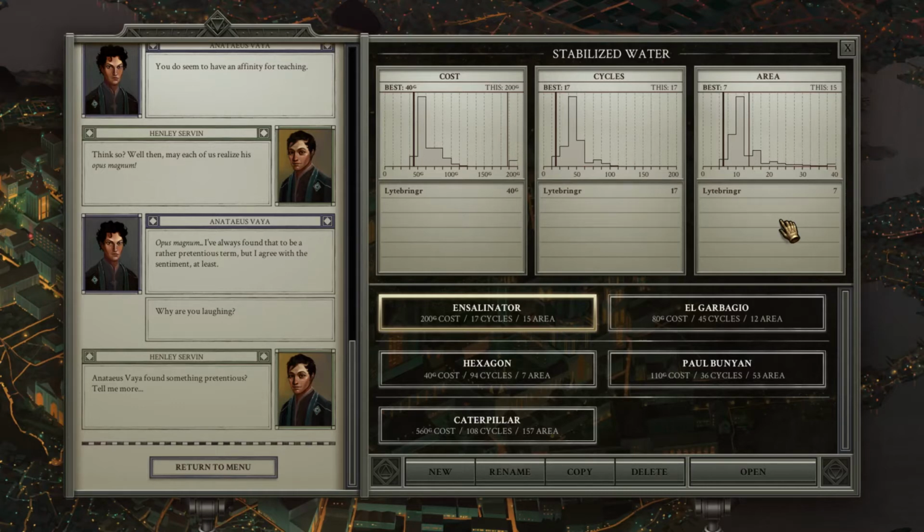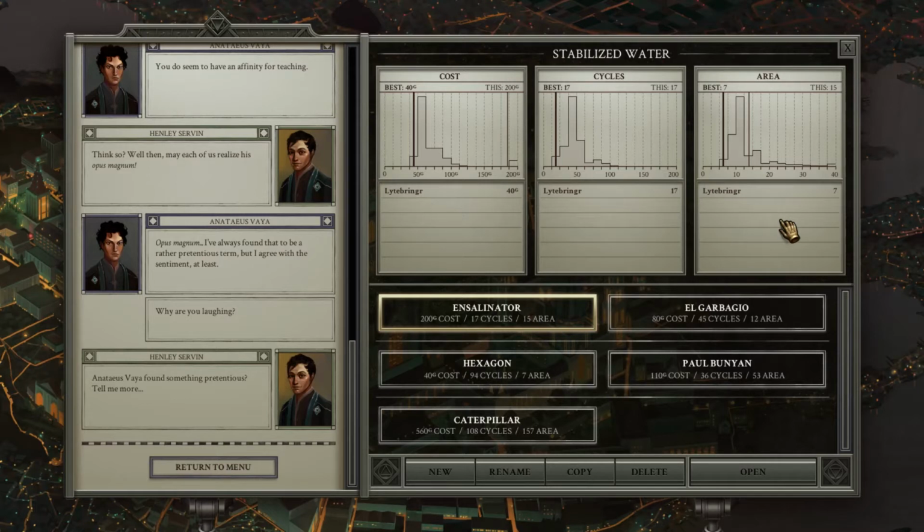The minimum cost, the cheapest you could possibly solve this with, is 40G. And then assume you know the minimum area, in this case 7. And assume you know the minimum number of cycles. The Insalinator does it in 17. Might be optimal, might not. Probably is, but might not be. I don't know. Well, let's assume you know.